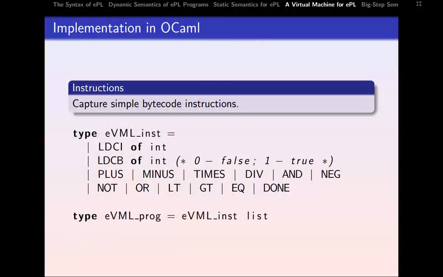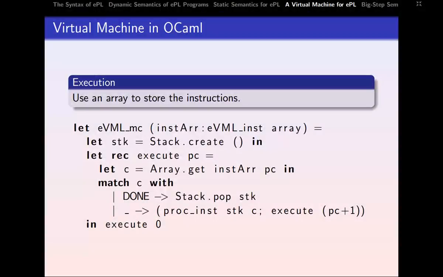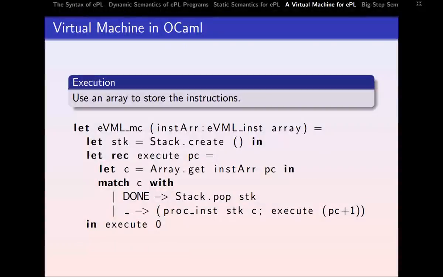A program is a list of instructions. It's a list, but here it's an array. Anyway, we're going to have a stack. We're going to have a helper called execute. That helper is recursive.